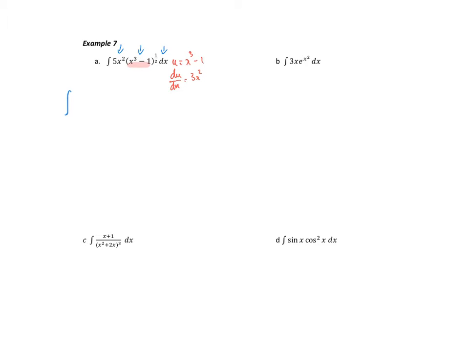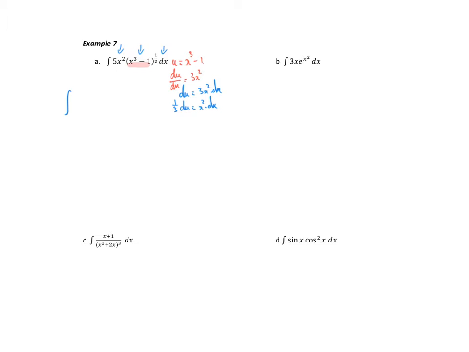The key to that is this du dx part here. If du dx is equal to 3x squared, if I multiply dx across, it means that du is equal to 3x squared dx. And I'm going to bring the third back: 1/3 du is equal to x squared dx.